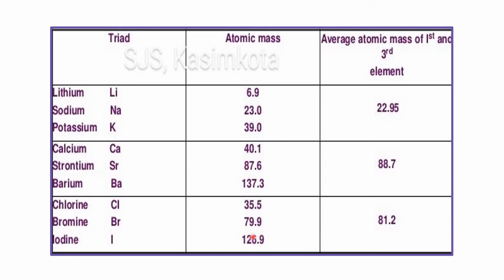So it is nearly equal to the experimental value of bromine. So here it was verified that the average atomic mass of the first and third element is equal to the atomic mass of the middle element. But the defect in the Dobereiner triad is that he could not arrange all the elements in triad form.